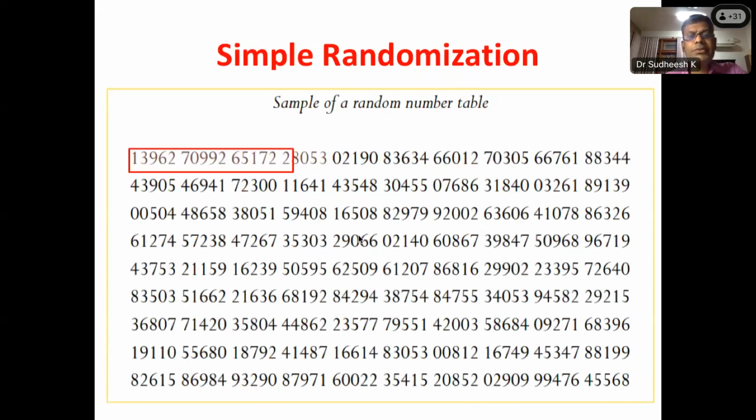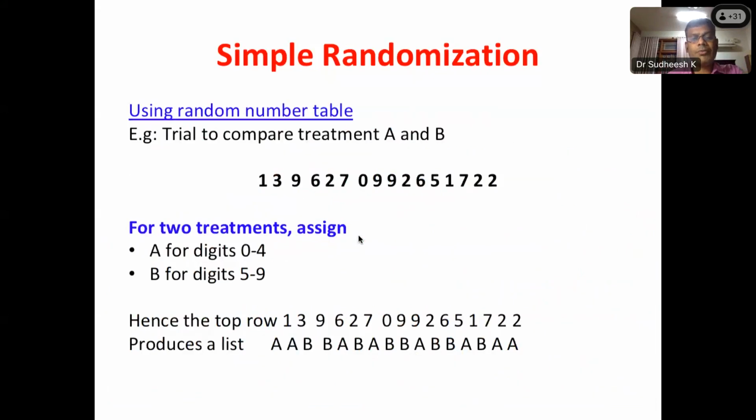So you just use this random number table, you select any random numbers, and then you allocate all even numbers to group A and all odd numbers to group B. So eventually it's something like this.